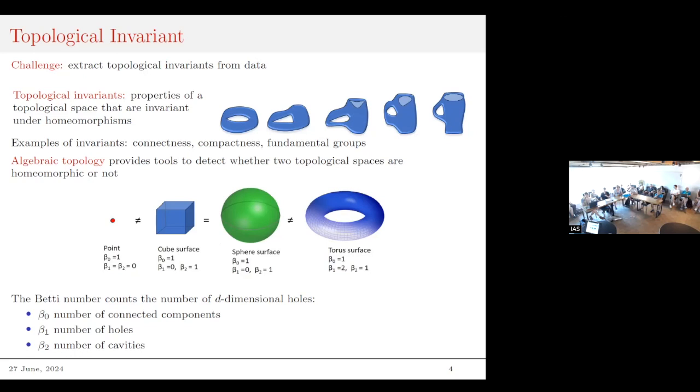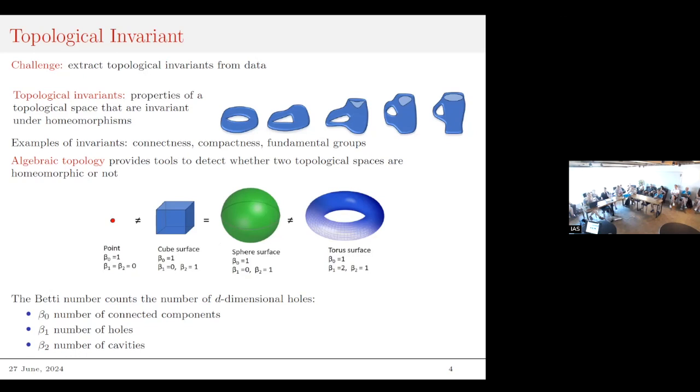When we define a topological space to develop processing over this space, we need an algebraic representation of the space. Then we have algebraic topology. Algebraic topology provides tools to detect whether two topological spaces are homeomorphic, equivalent or not.